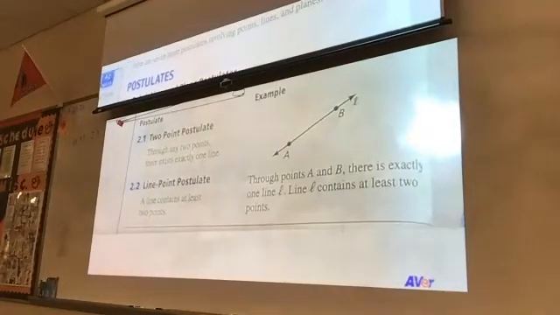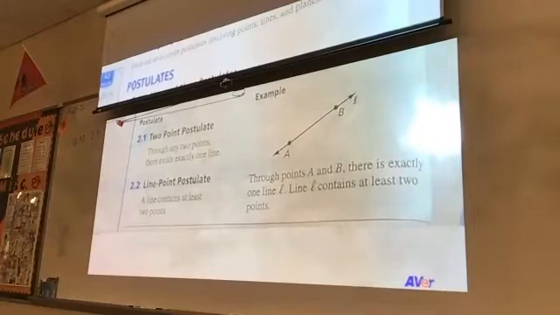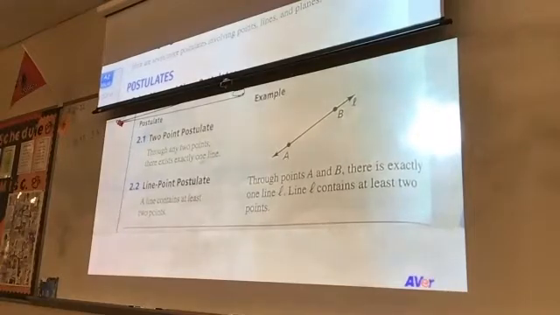The next one is the line point postulate. Line point postulate says through points A and B, there's exactly one line. That line contains at least 2 points. So the postulate itself says a line contains at least 2 points. Okay, which, yeah, we know. How many points does a line include? At least 2, right? But really an infinite number.